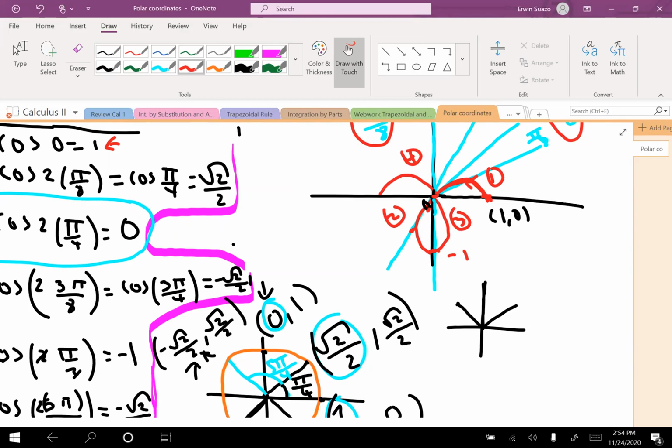The fifth one will go like this. The sixth one will go like this, and the seventh one will go like this, and then finally the eighth one will go like this. So it's like a rose.